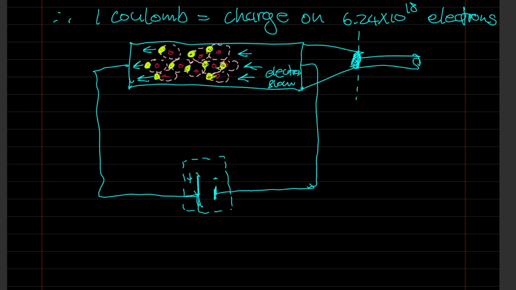By convention, current will flow in the opposite direction, meaning conventional current. In this module, we'll be using from positive to negative. Current will flow from the positive terminal up to the negative terminal, which is clockwise instead of anti-clockwise. So it will always move in the opposite direction to the electron flow.